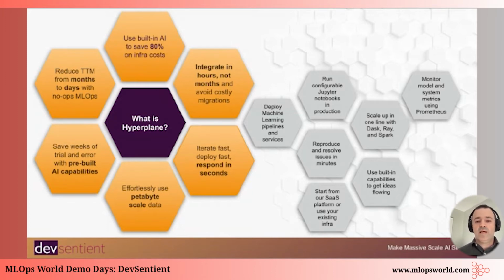So we facilitate that process, and we make it extremely easy to take scientific code, notebook-based code, and convert it into services, pipelines, and functions that can be triggered programmatically or run on a schedule.